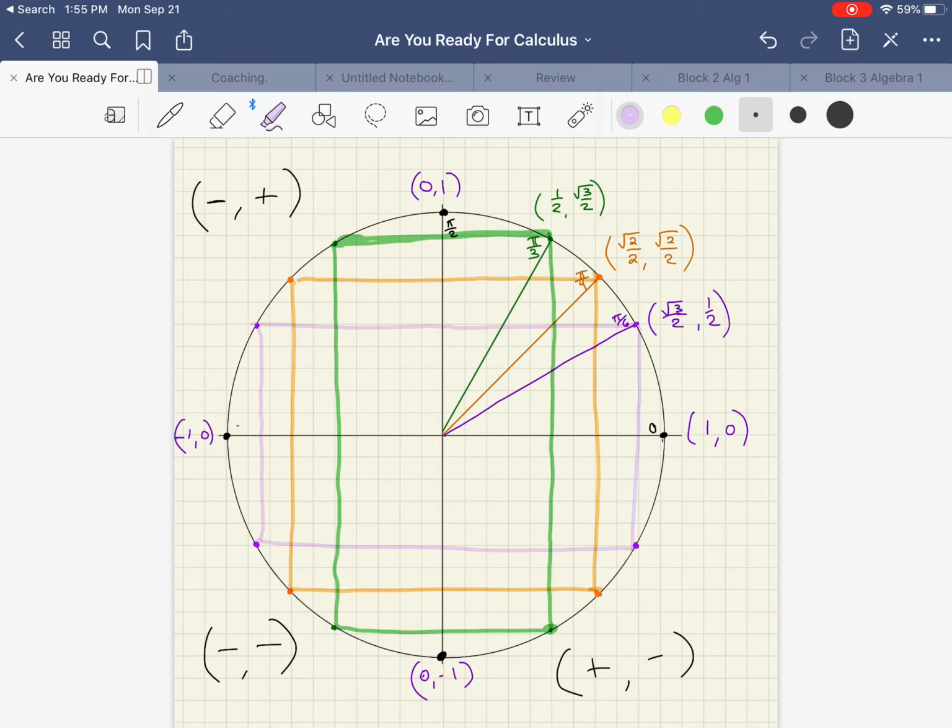So if I wanted to go to this particular point here, I would know that it matches up with this point here because I can just go straight across and then straight down, and I know the exact coordinates of that point would be identical to this with these signs. So that's going to be negative root 3 over 2, comma, negative 1/2.